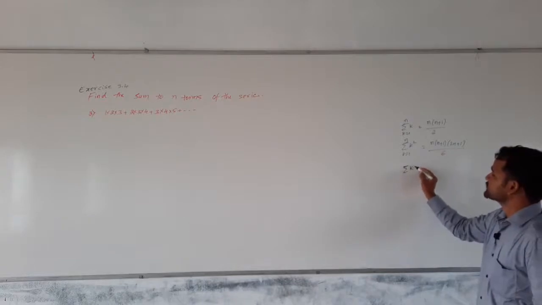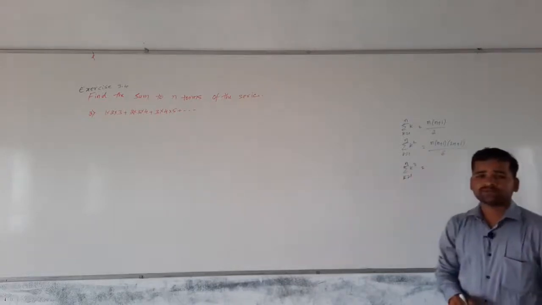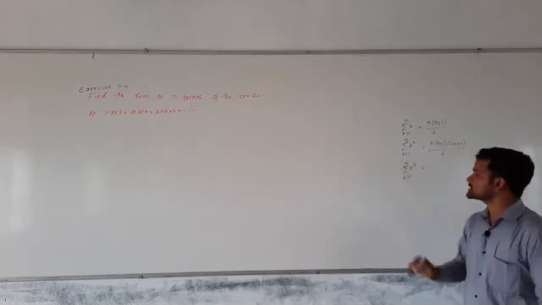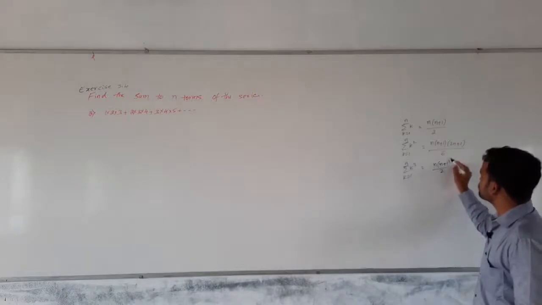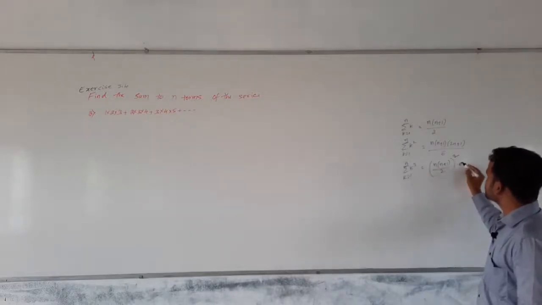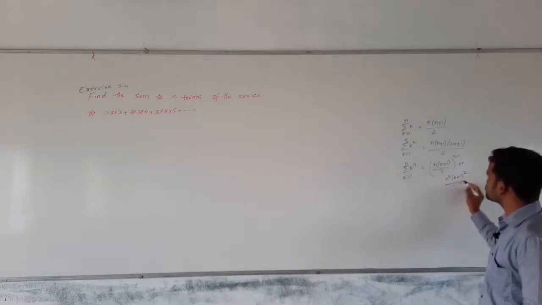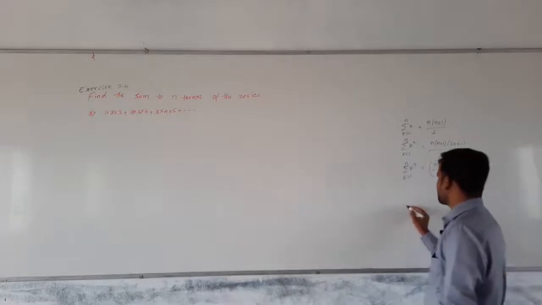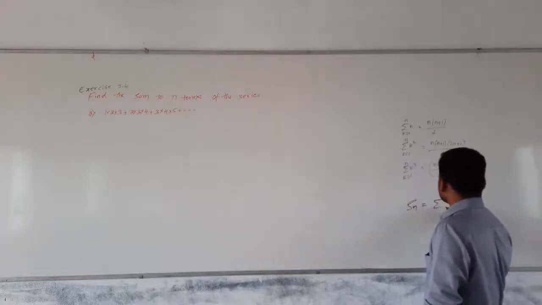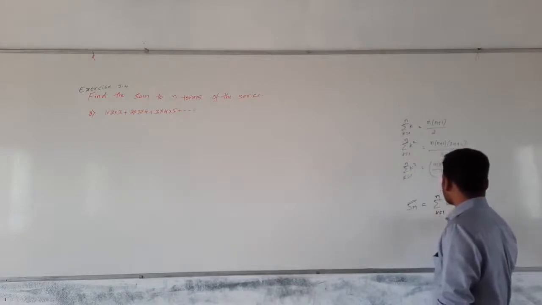Next, summation of k cube, where k varies from 1 to n, means the sum of cubes of the first n natural numbers. We have studied this as n into n plus 1 by 2 whole square, or this can be written as n square into n plus 1 whole square divided by 4. And the Sn formula: Sn is summation of ak, where k varies from 1 to n.